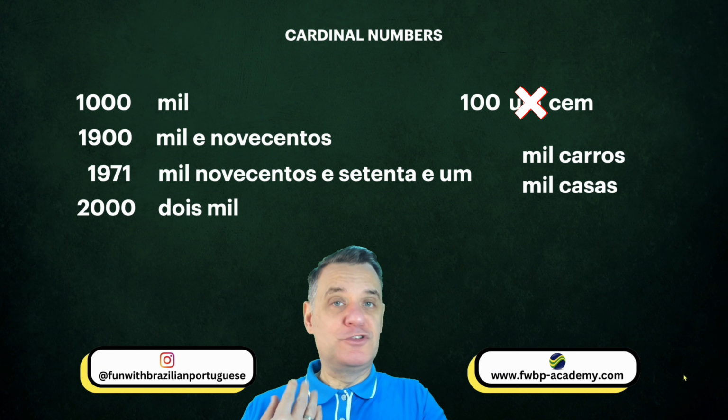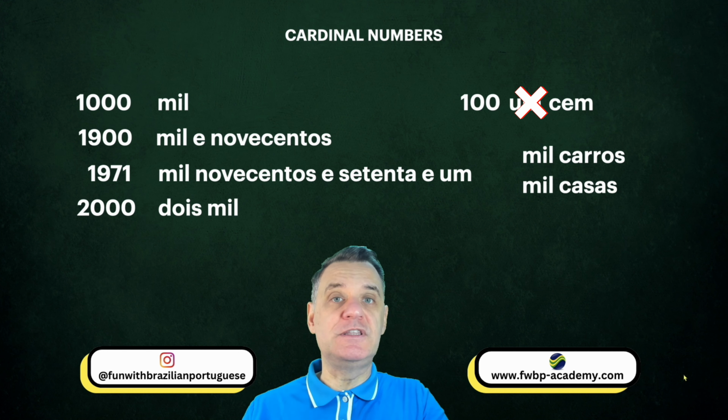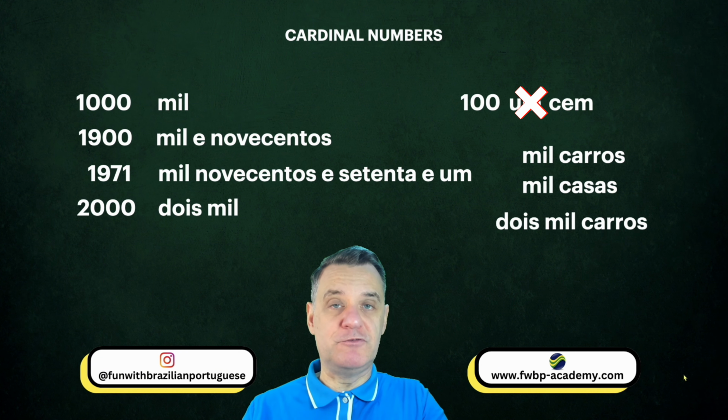However, with 2000, because we've got the number 2 there, and again in my last video we learned that the numbers 1 and 2 have masculine and feminine forms. We have the number 2 here, so it is going to change to duas when we are referring to feminine nouns. So the same examples here for carros, it will just be the masculine form, dois mil carros, and then with casas, duas mil casas.